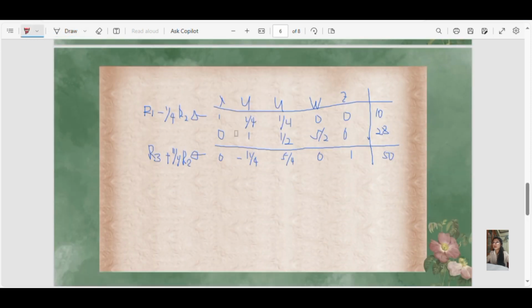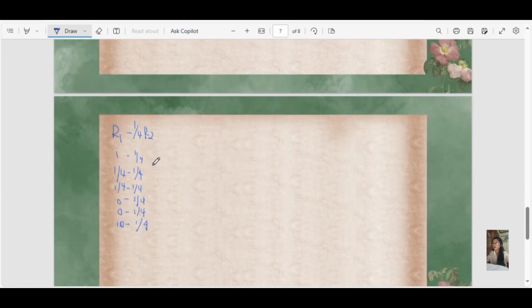That is row 2, and we're going to multiply it by this: R2 is 0, then 1, then 1 over 2, 5 over 2, 0, and 28. Equal sign to get the result.